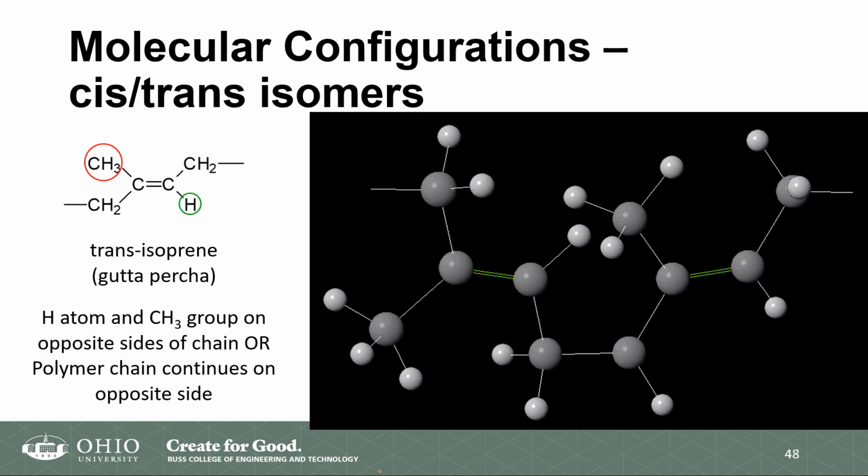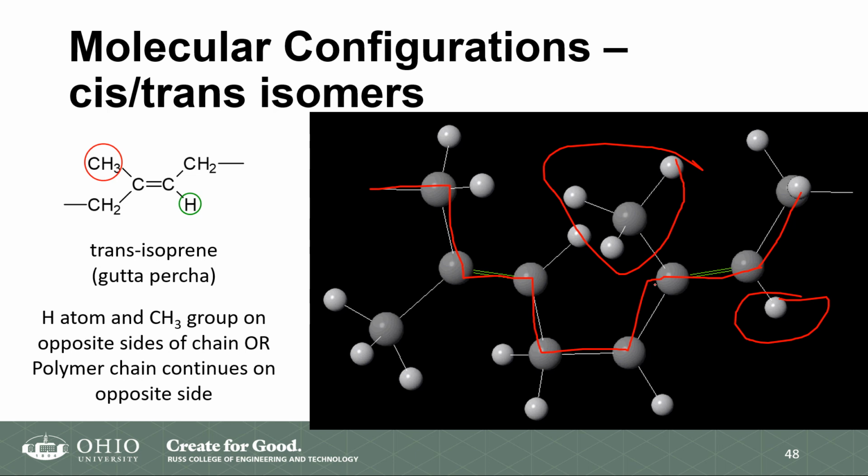Okay, for our trans isomer, you will see that our polymer chain continues on the opposing side after the double bond. So we go up, see the double bond, and this goes up. So this is down on the side of the double bond, this is up on the other side of the double bond, so you can tell that it's a trans. Or you can say that these groups here hang off on opposing sides of the double bond, so up and down, so that would be a trans isomer as well.